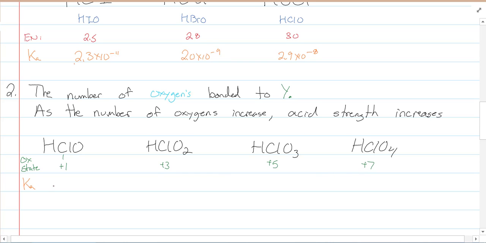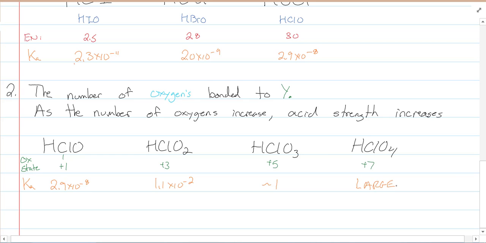Ka, again, is 2.9 times 10 to the minus 8. If we go to +3, we get 1.1 times 10 to the negative 2. That's a million times bigger. Then we get somewhere around 1. And then we have perchloric acid, which we're just going to say is large.